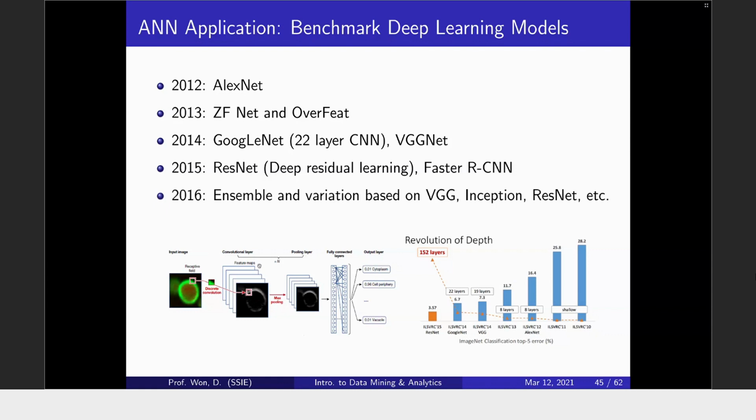Actually, that changed the field. This AlexNet showed the potential of deep neural networks with an additional layer developed by Alex in image recognition and image processing.